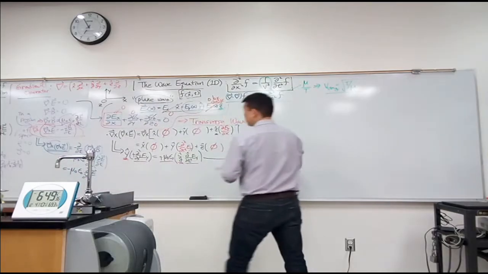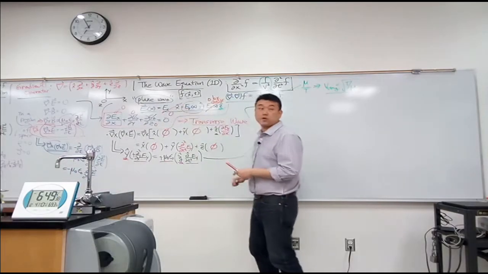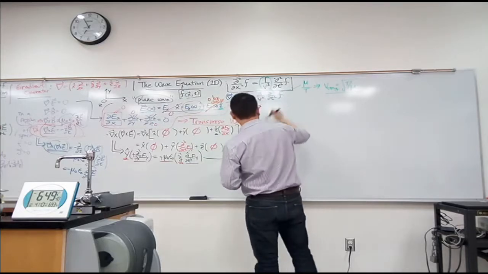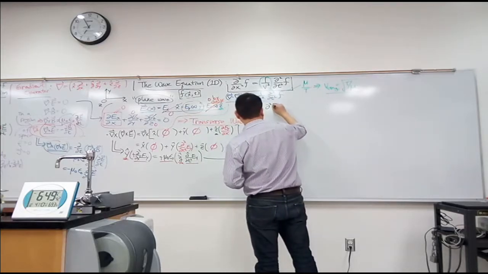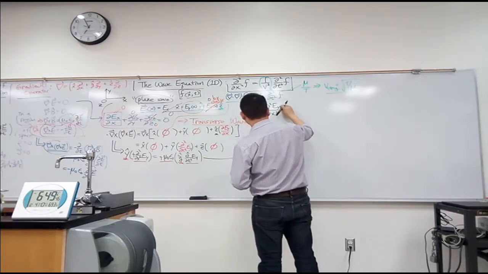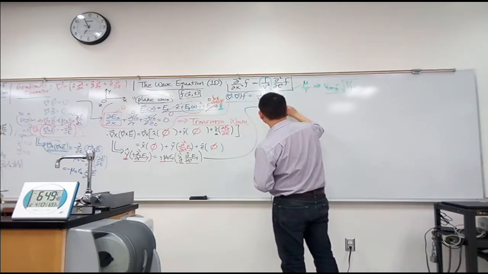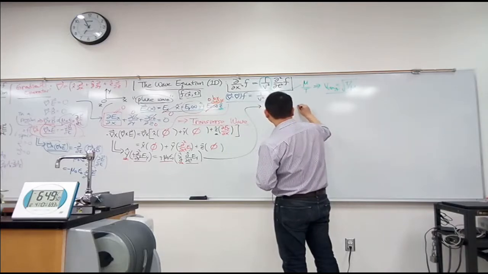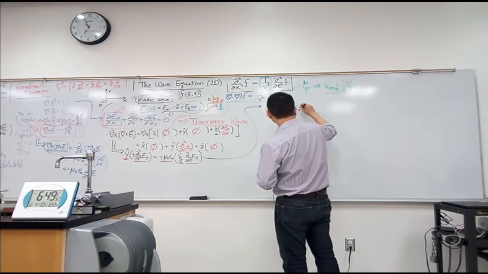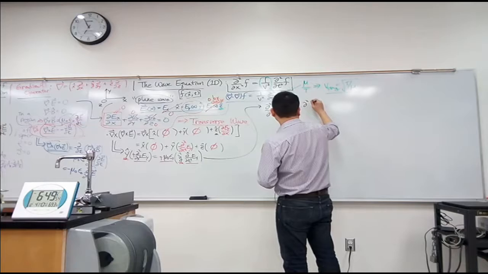And this is the wave equation that we end up with. The one-dimensional plane wave equation is that the double position derivative of the y component of the electric field is equal to mu naught epsilon naught times the double time derivative of the y component.